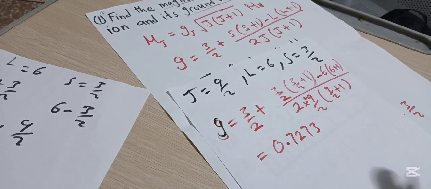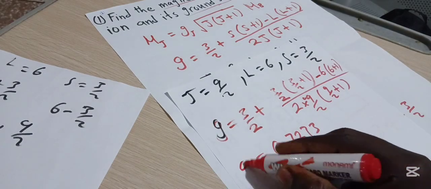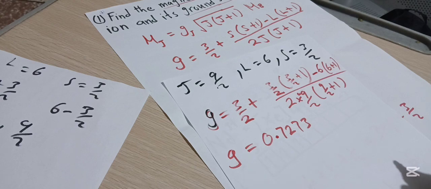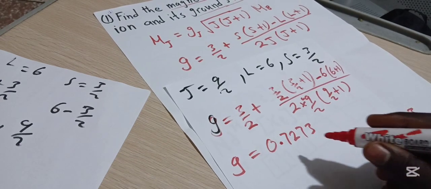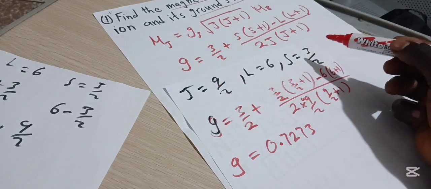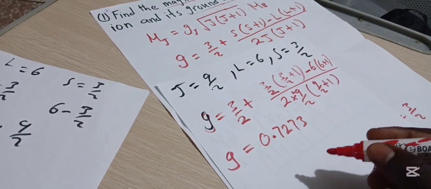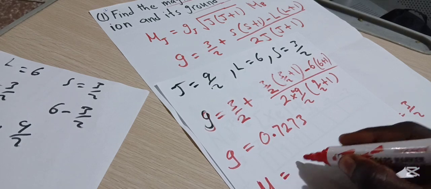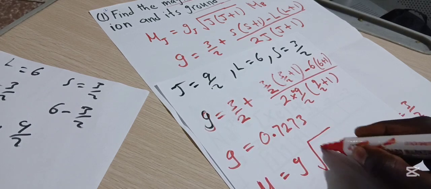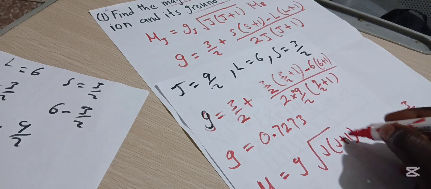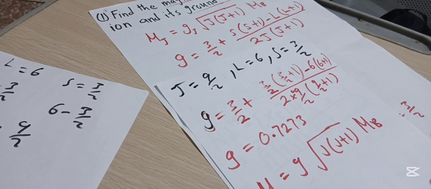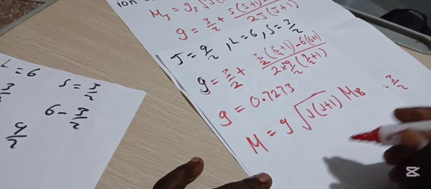Now that we know the value for our g, we can go ahead and calculate our magnetic moment for Nd3+ ion. So we know our J, we know our L, we know our S. So let's go ahead. Magnetic moment is going to give us g root of J into bracket J plus 1 Bohr magneton. So now let's substitute the values in.